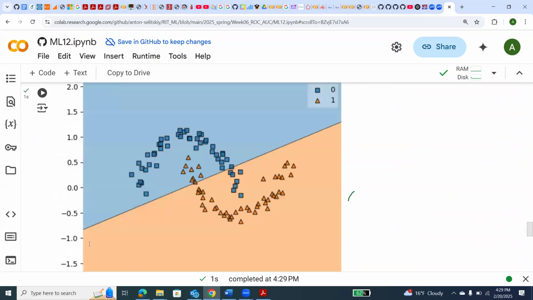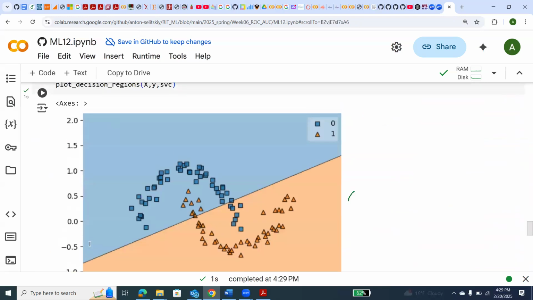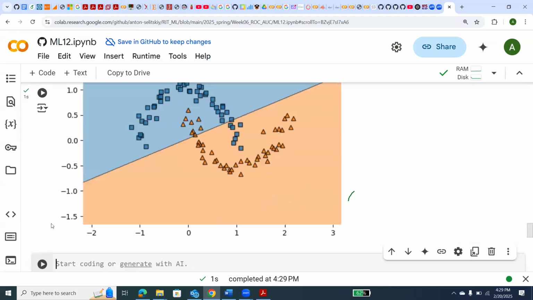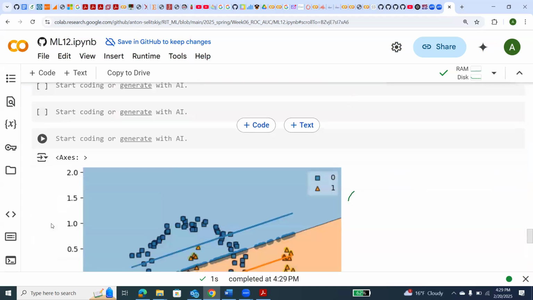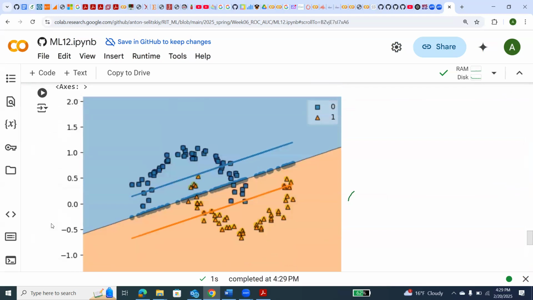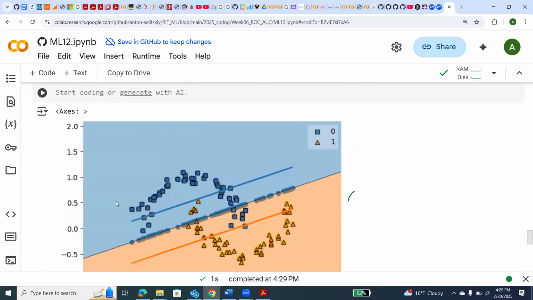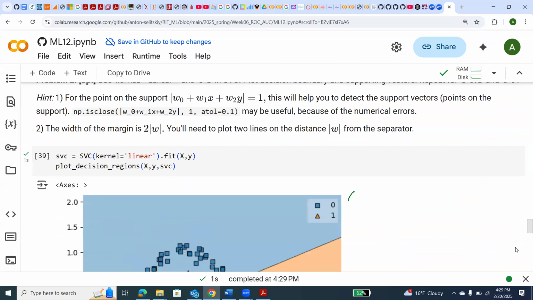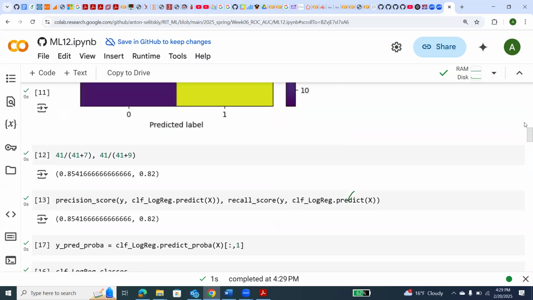Then it will plot a linear decision boundary. But I also ask you to plot the support vectors, so to plot something like this. So I will copy paste the code for the line from above.